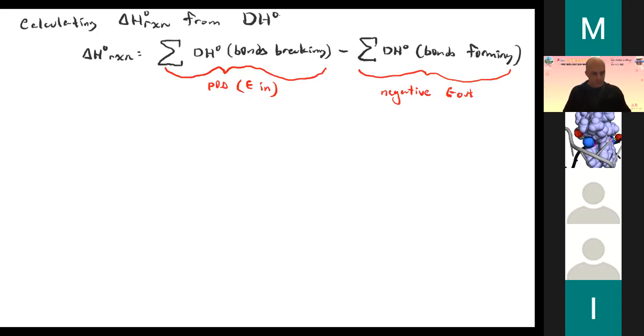And so we can go back and do these calculations for HBr addition to an alkene. What we're going to consider is simply the balanced equation.